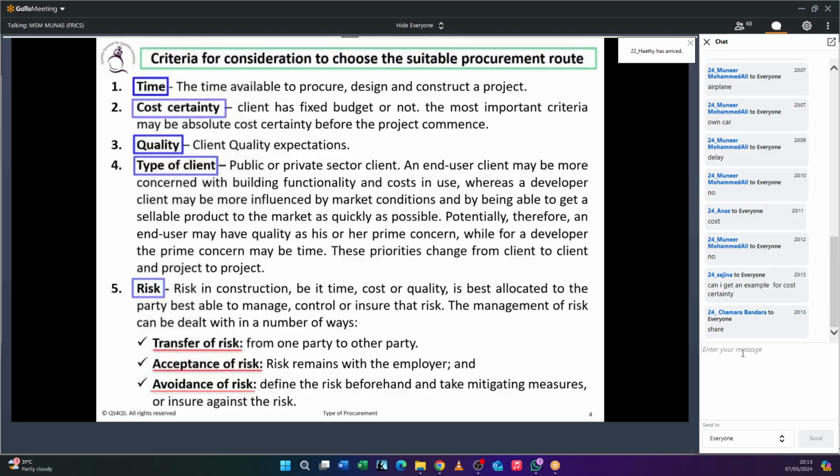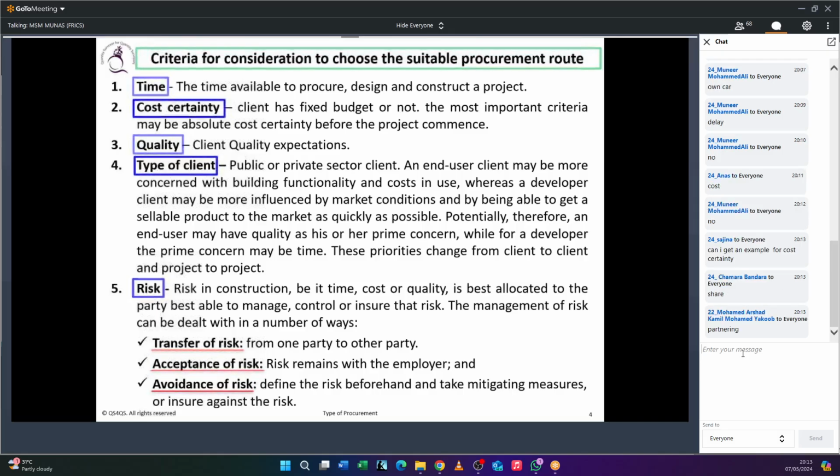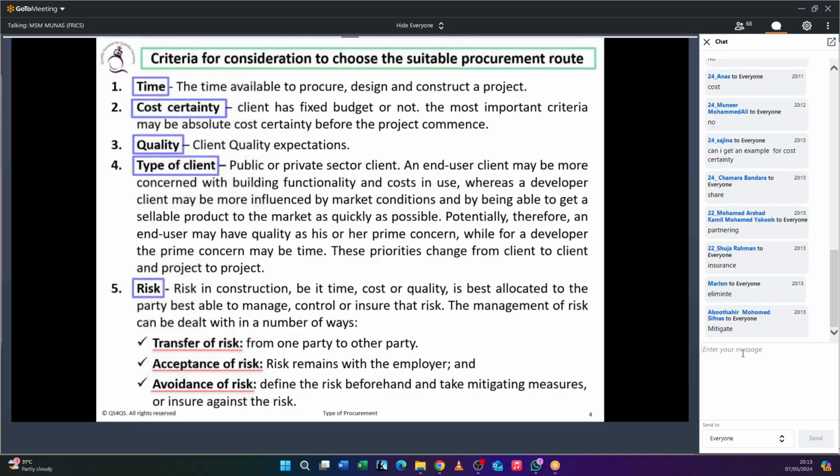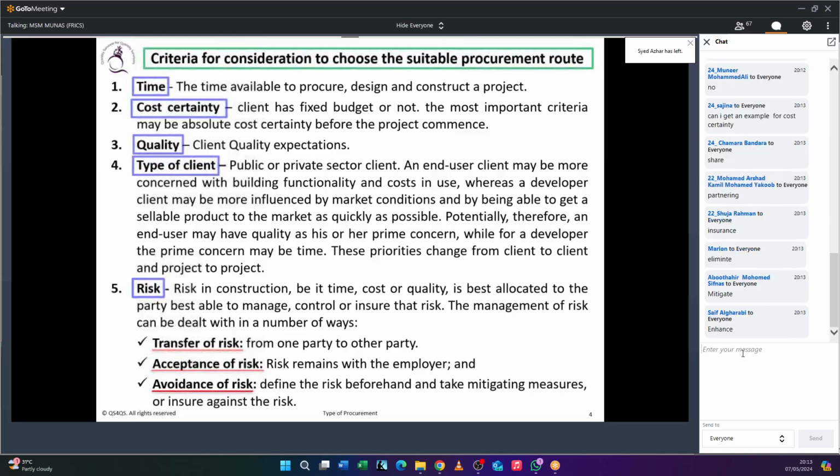Yes, you can share the risk with whichever parties are connected to the project. That's also good. There's one more methodology we have. What is that? We have transfer, acceptance, avoidance, share, and one more: mitigate, reduce. Yes, reduce the risk. So these are the five methodologies we have when it comes to risk management.